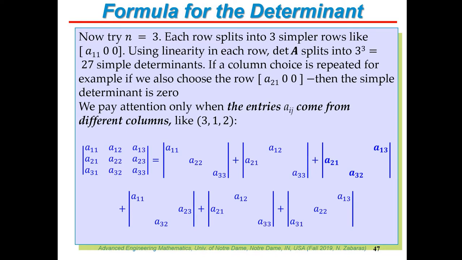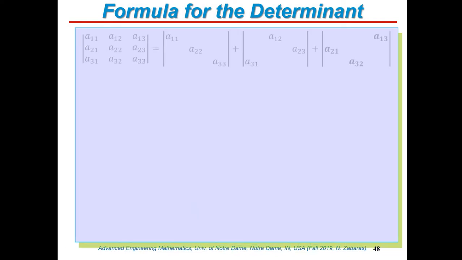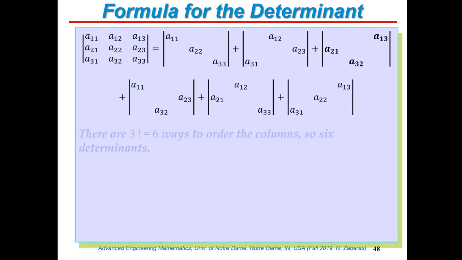And then on that, you can exchange 1 and 2. So from 3, 2, 1, you can get 3, 1, 2. So you have 2 column exchanges, which means the sign of this term is going to be a plus because it's going to be -1 squared. I think I'm indicating these details for those who are interested on this slide.